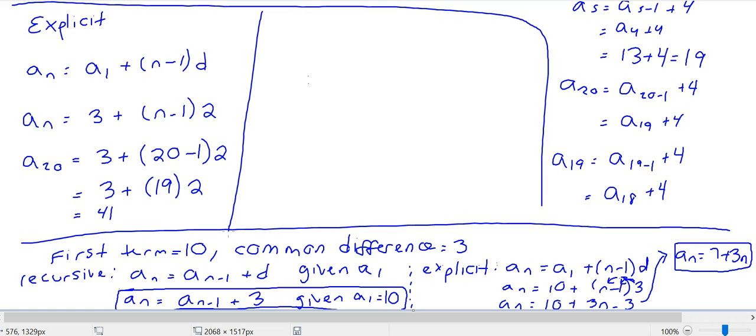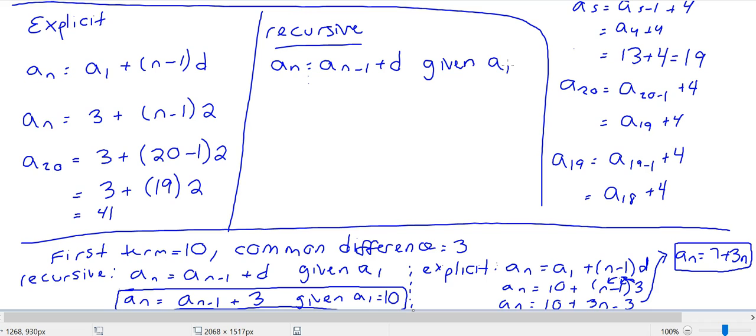Another way to write the recursive sequence or the explicit sequence: instead of writing, let's say, the recursive sequence as a sub n is equal to a sub n minus 1 plus d given a sub 1, it might be written as f of x is equal to f of x minus 1 plus d given f of 1, and this means exactly the same thing, but instead of writing a sub n minus 1 and a sub n, we're writing f of x and f of x minus 1.